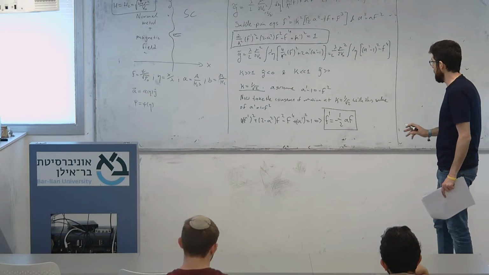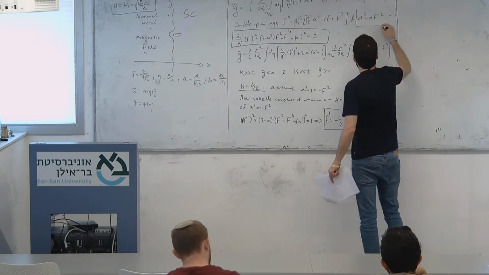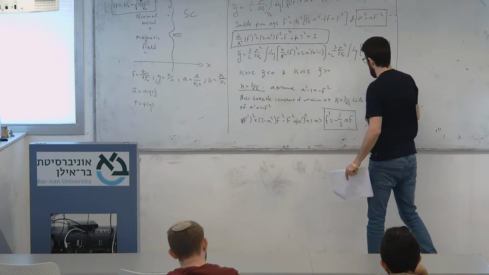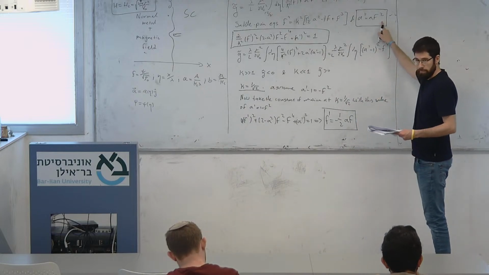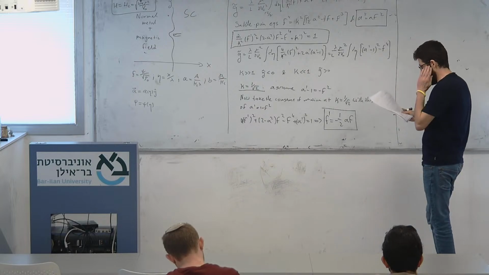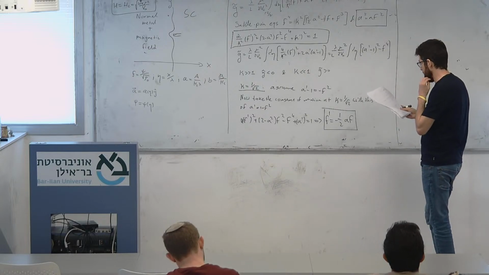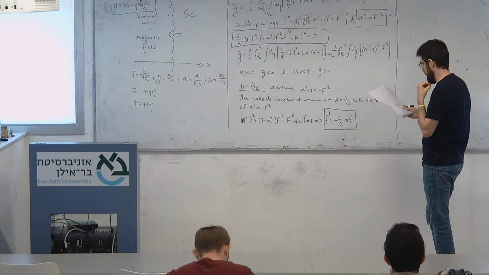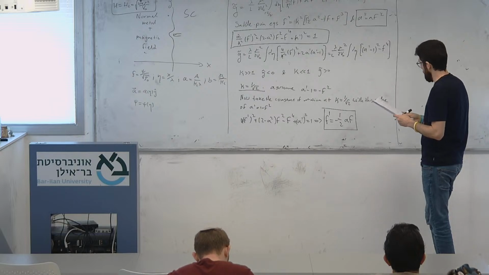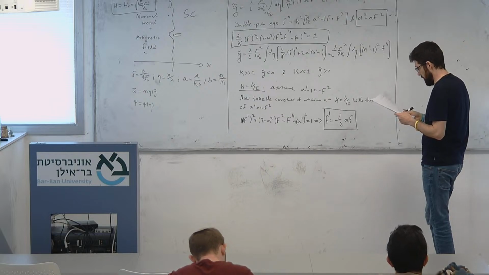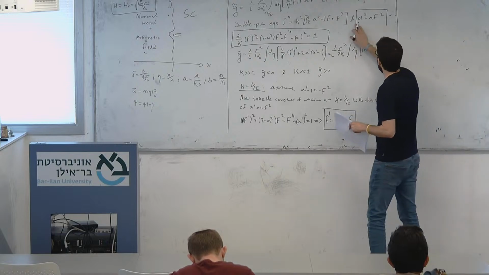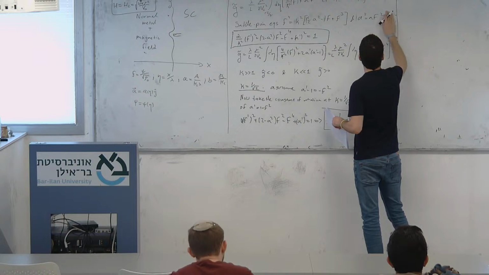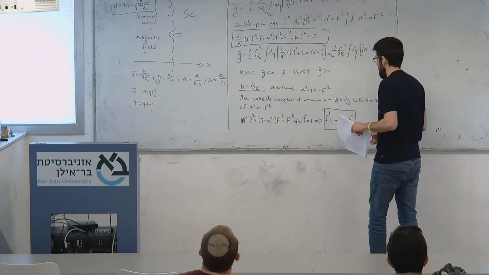Now this is going to be enough for us to prove that in this case we have consistency. How do we do this? We're going to combine this equation with this equation. Sorry, not this equation. Hold on. This equation.